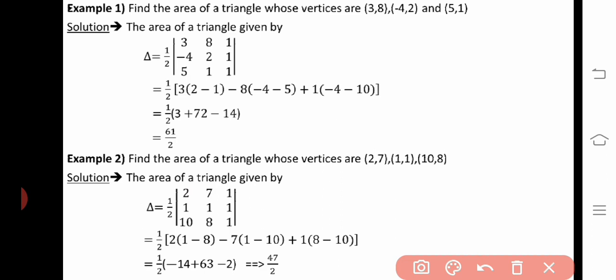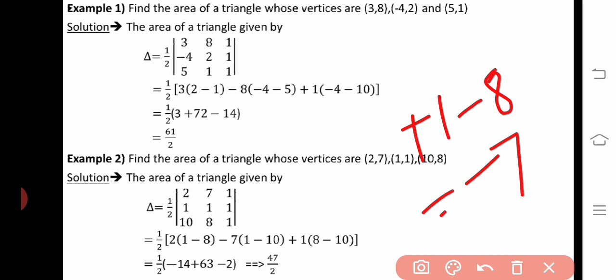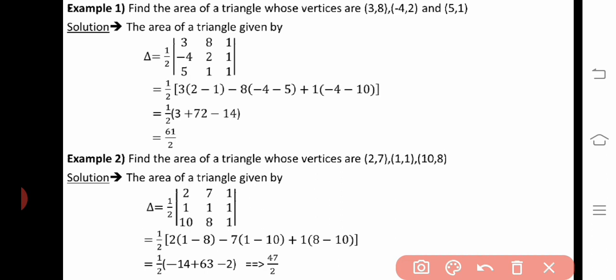This implies, on simplification, we get 1 by 2 into 2 into 1 minus 8, which is minus 7, so minus 14. Then minus 7 as it is into 1 minus 10. Minus sign is important here. 1 minus 10 is what?